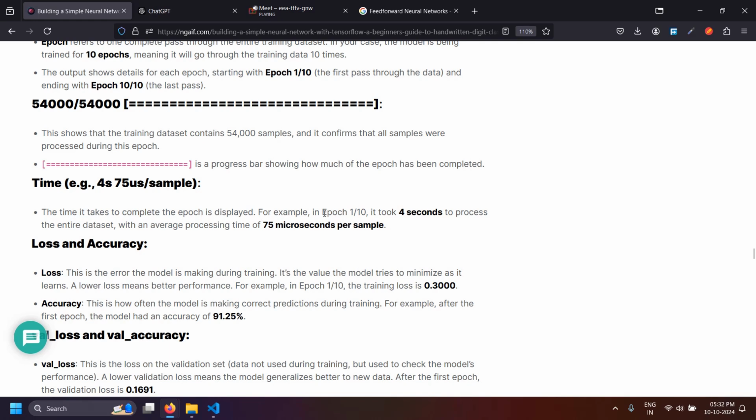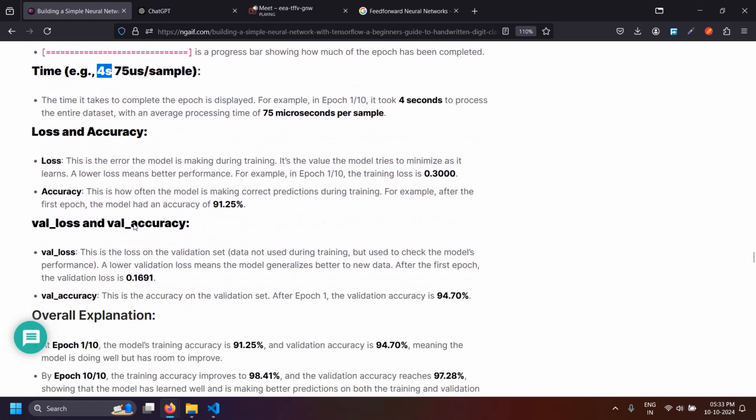For example, in epoch 1 out of 10, the first pass, it took 4 seconds to process the entire dataset, with an average processing time of 75 microseconds per sample. This is how you read it.